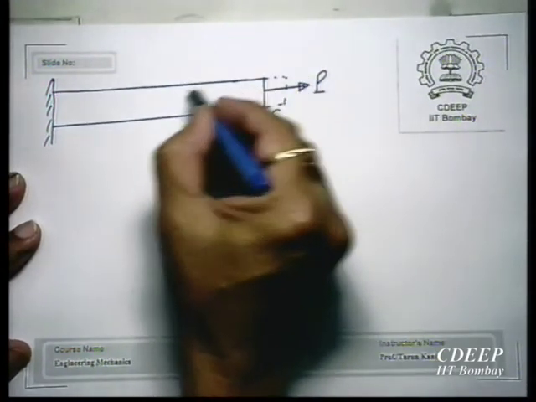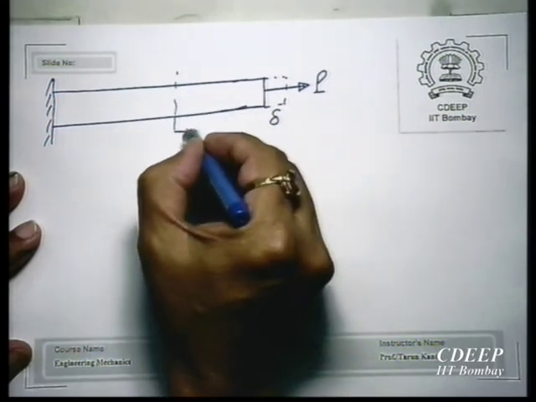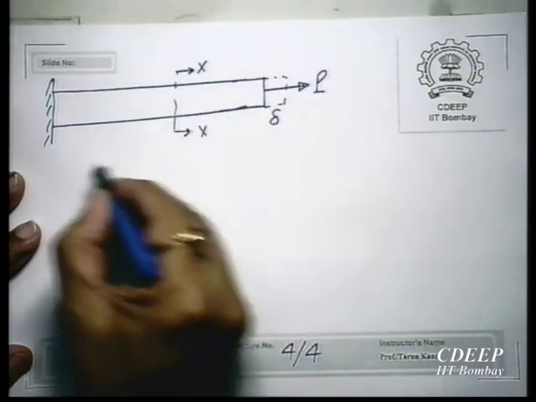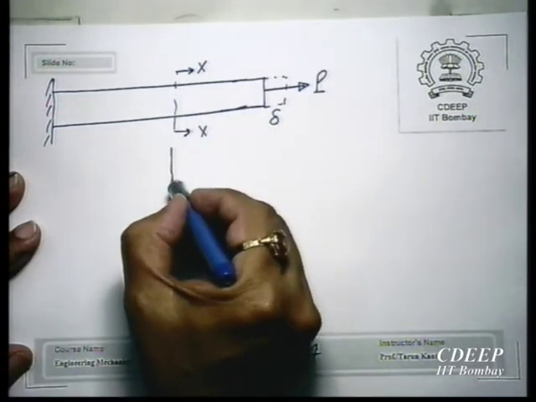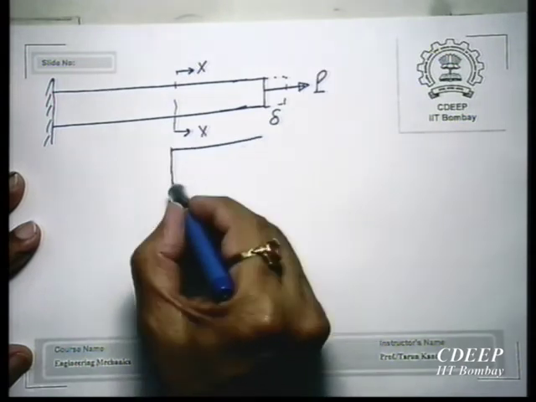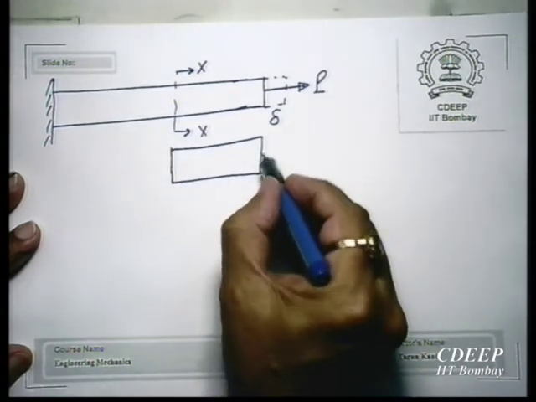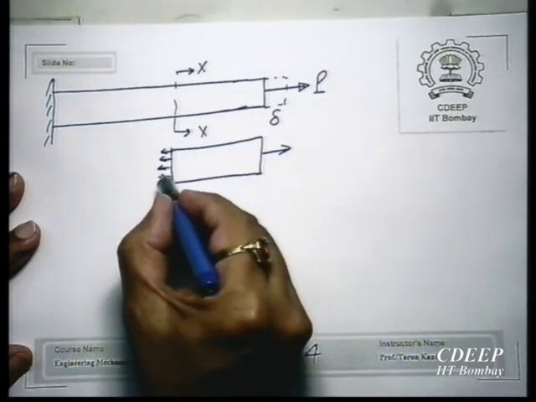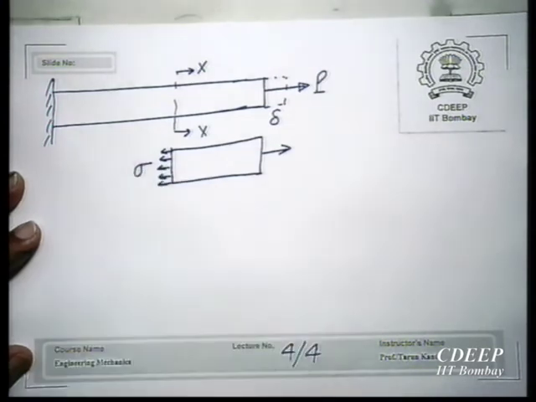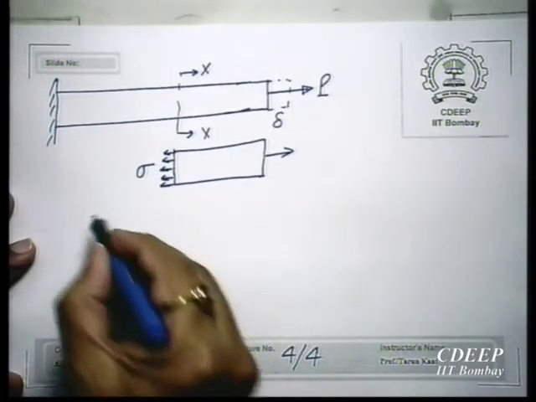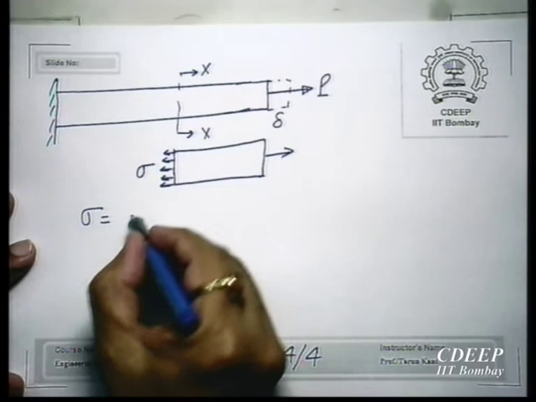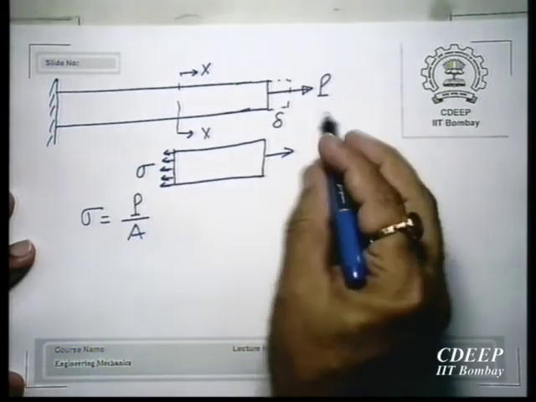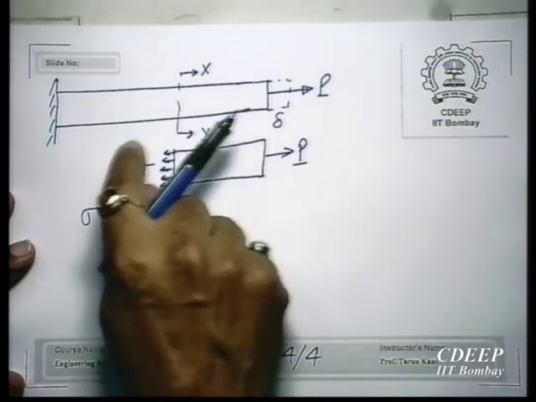So, away from this load, supposing you take this cross section, you have a stress distribution sigma, and sigma is given by P divided by A, because this is in a state of equilibrium.